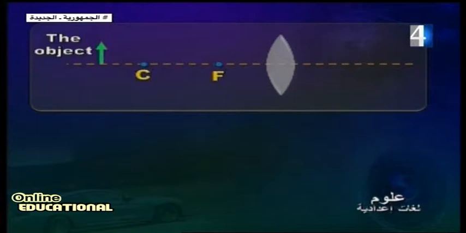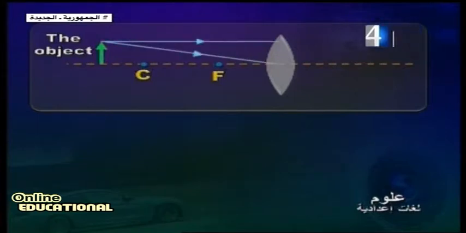Try to remember. Yes, of course. Here we have the object at a distance more than the radius of curvature, or greater than double the focal length. We draw two rays. One of them is parallel to the principal axis and the other is passing through the optical center. Okay, try to conclude.